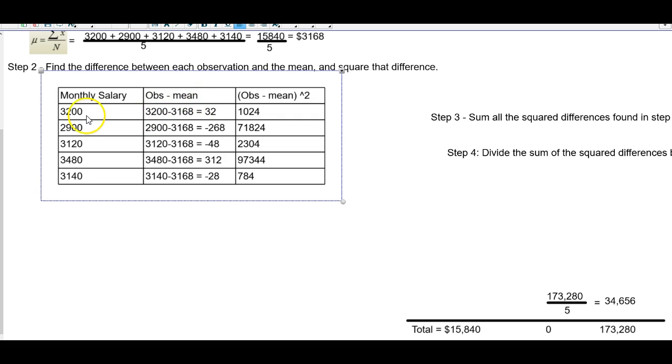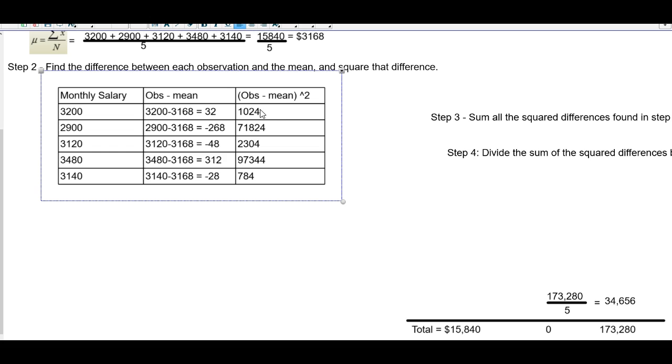I've gone ahead and calculated: we're taking this observation, 3,200, and we subtract 3,168, which was our mean, and we get the answer of 32. Then in this column on the right, we are squaring the answer we got here in the middle. So 32 squared is 1,024.